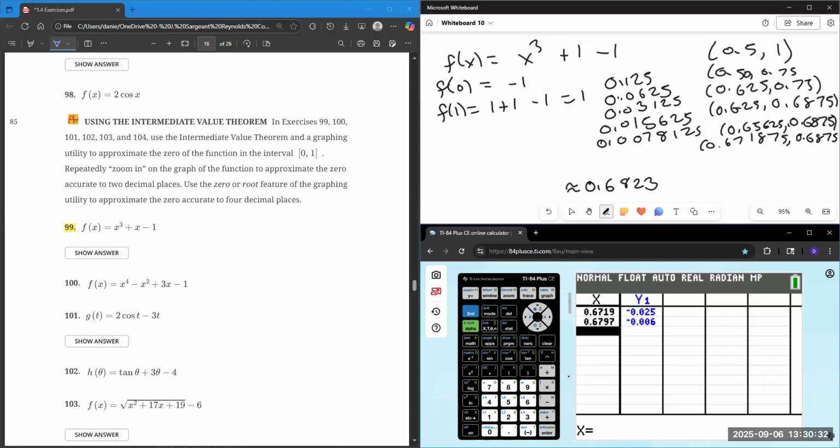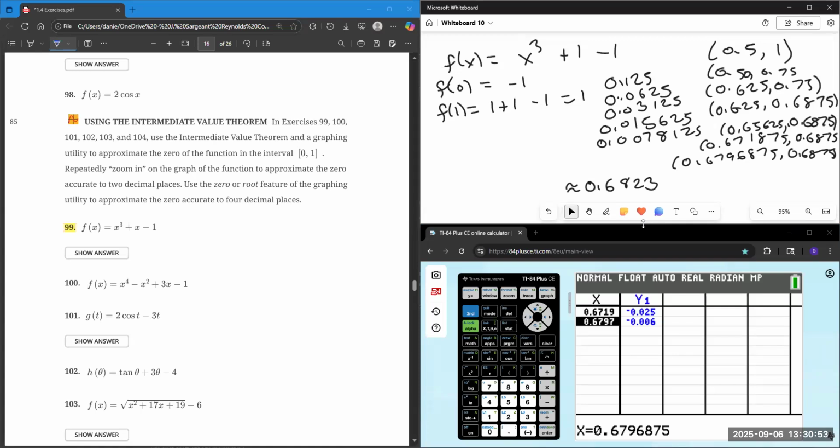That's still negative, so it's going to be between this number here and this number here. And that rounds to 0.68, and that rounds to 0.69.